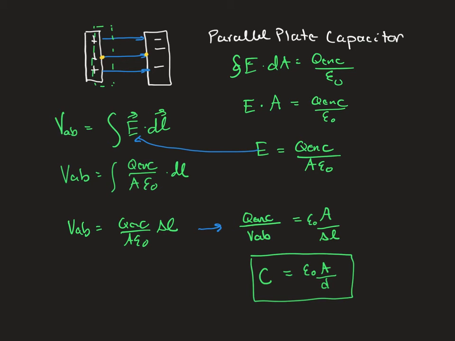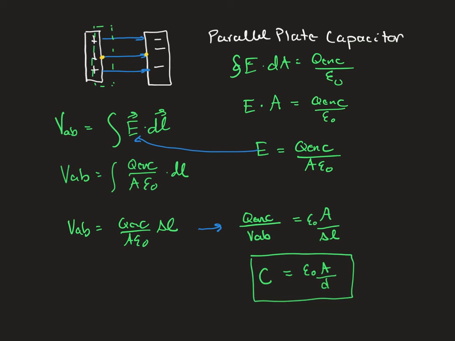And then I can use my relationship to find the potential difference based upon the electric field. So I'm going to integrate between points A and B. So along dL, my dL would be between here. And since there is no dependence of the electric field along this path here, it simply becomes delta L.